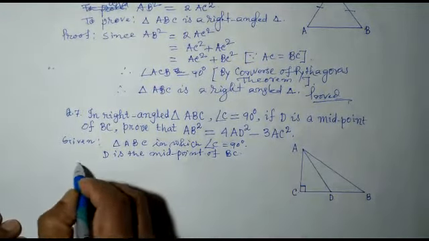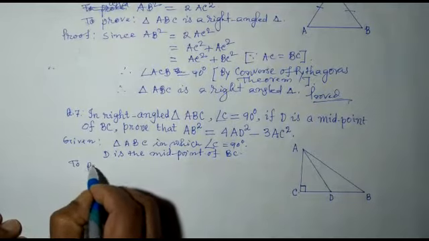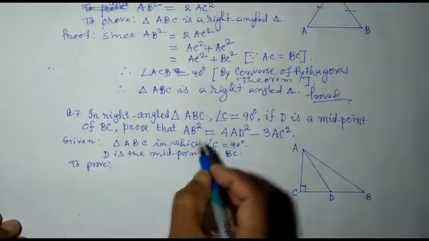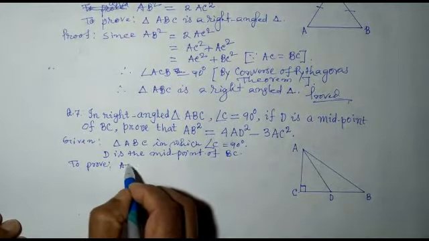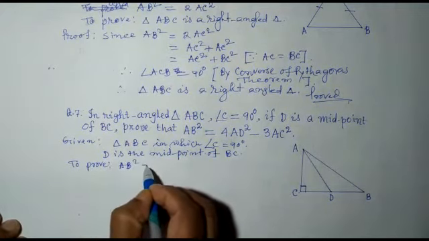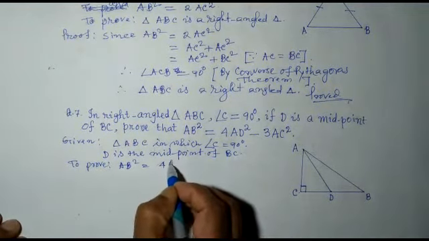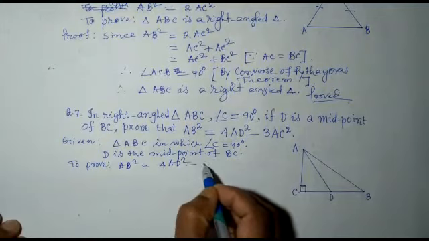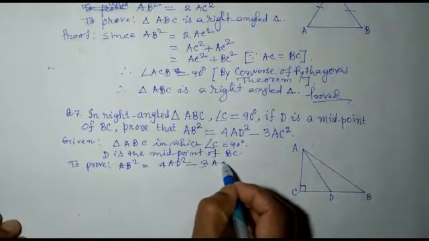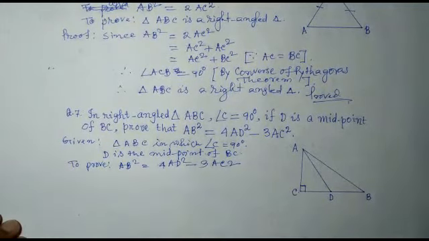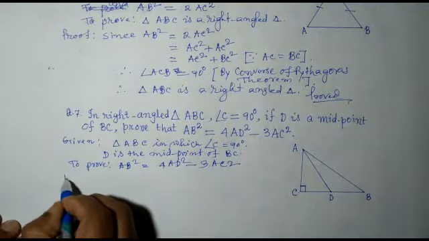What we have to prove? We can write here, to prove: AB square is equal to 4AD square minus 3AC square. This we have to prove. So now we start the proof.